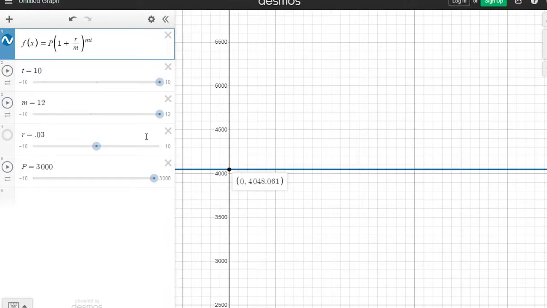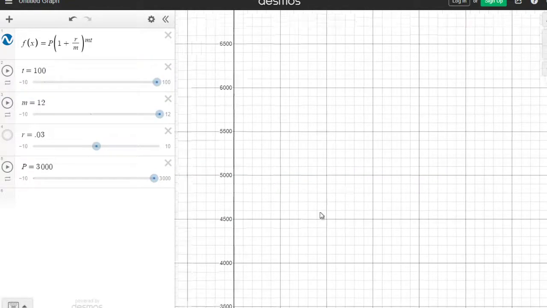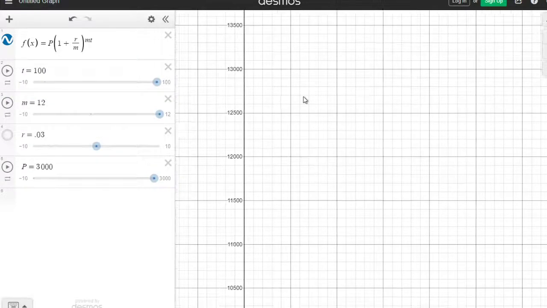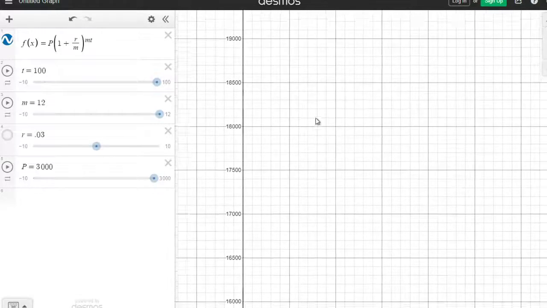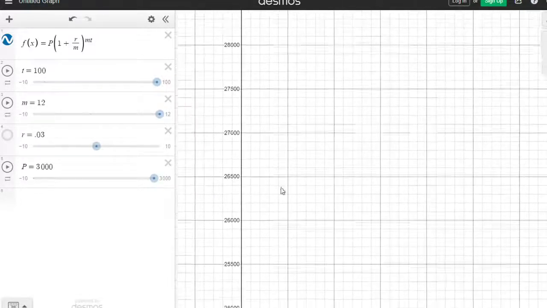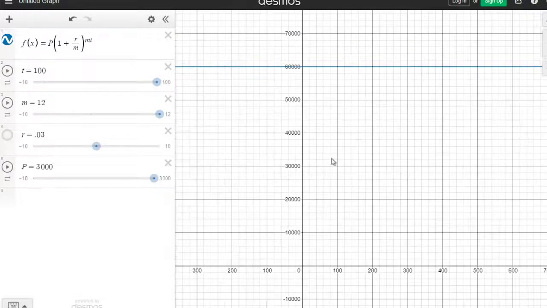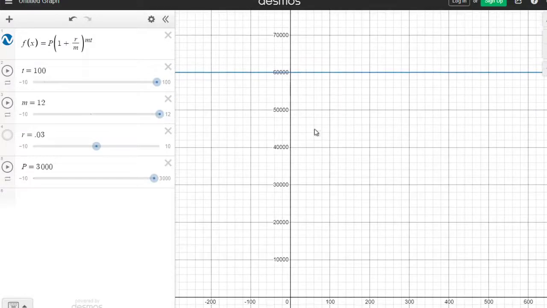Because exponentials grow so quickly. So if I come over here to the t and I put in 100, look at that, that just falls right off my graph. And I'm looking and looking and looking. See, I'm at the 21,000 marker. It's not there yet. And I'm going to zoom out a bit. Oh my lord. Oh, there we go. 60,031.45.